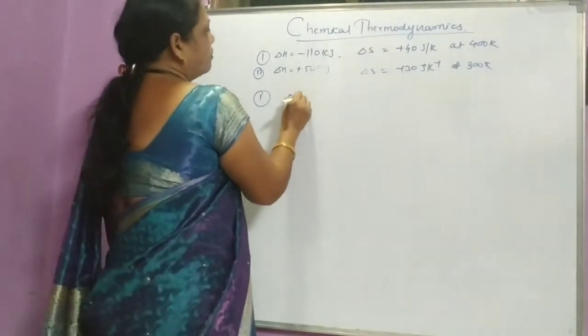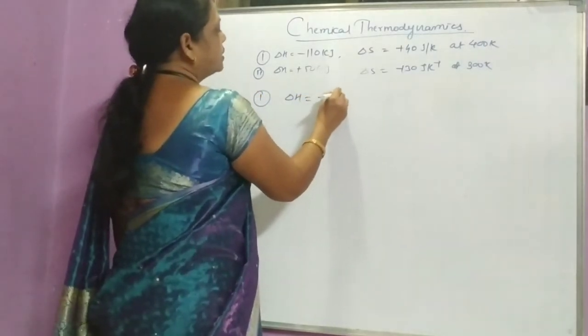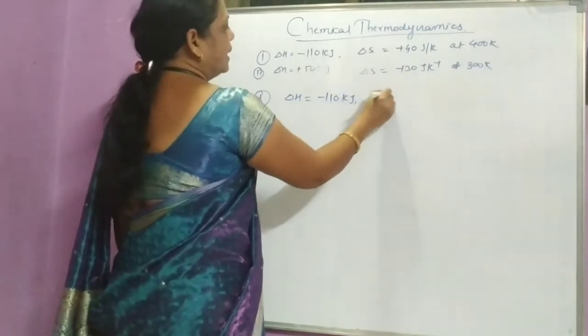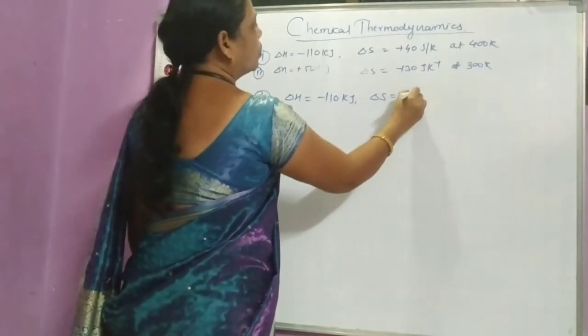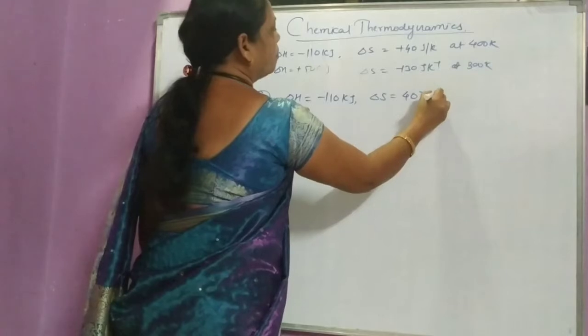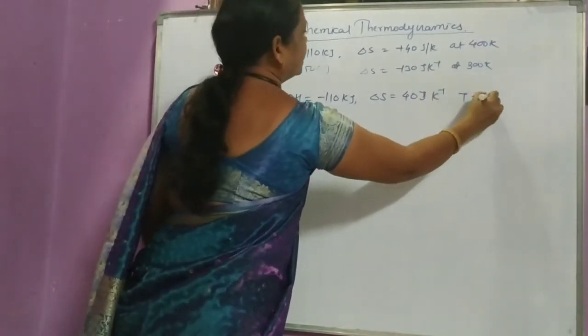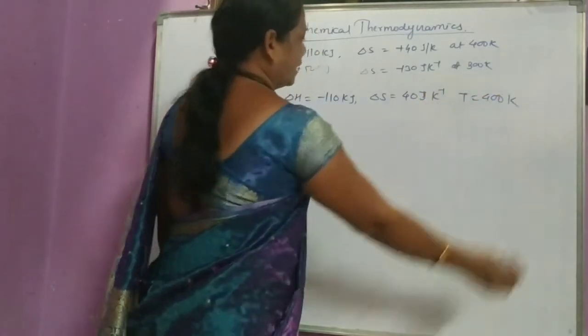So first problem: del H is equal to minus 110 kilojoule, del S is equal to 40 joule per Kelvin, and temperature is equal to 400 Kelvin.